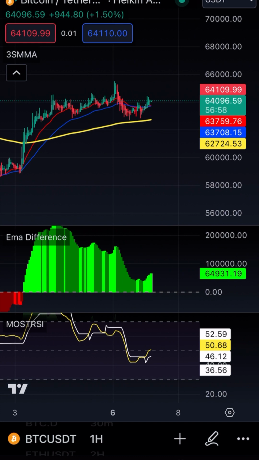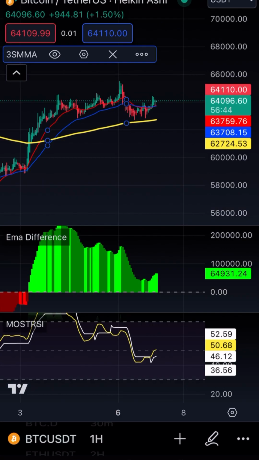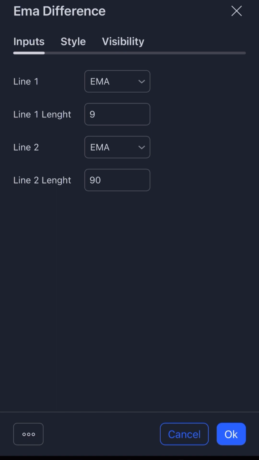Okay, so I got everything set up. Basically, you have your three smooth moving averages here: the 9, 20, and 90, and the 90 I have here in more thick. Then with the EMA difference here, I have your 9 and 90.